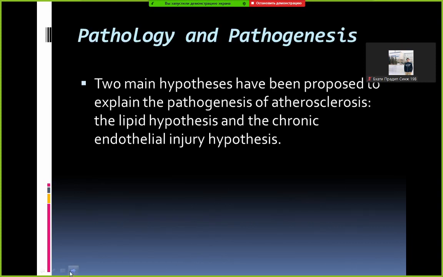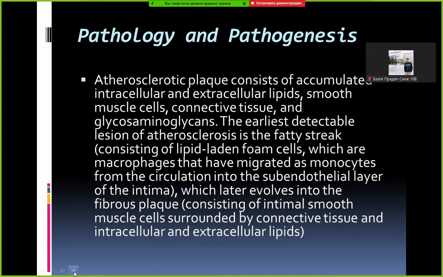About etiology, two main hypotheses have been proposed to explain the pathogenesis and etiology of atherosclerosis. They are the lipid hypothesis and the chronic endothelial injury hypothesis. So we will talk about these hypotheses.